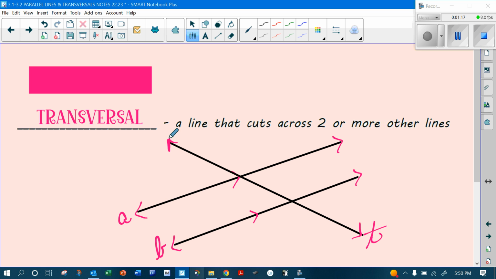And with this line that is a transversal, there are lots of special properties and relationships between angles that are going to start happening. This is a good reason why geometry works the way that it does. So you've got two parallel lines, or you may have 5 parallel lines, you may have 6. It doesn't matter. You have a bunch of parallel lines. A line that cuts across is going to be called your transversal.